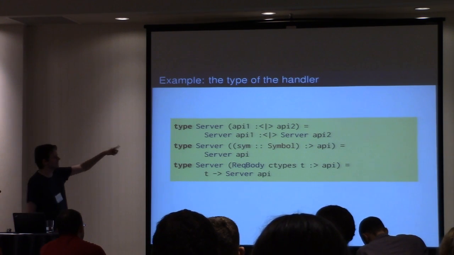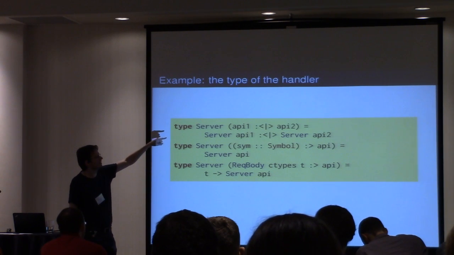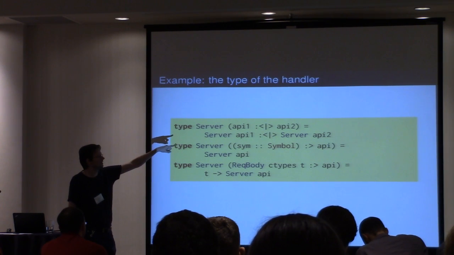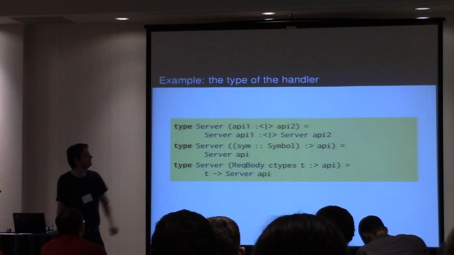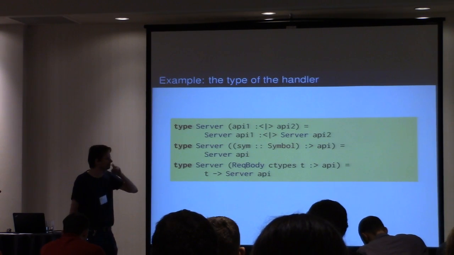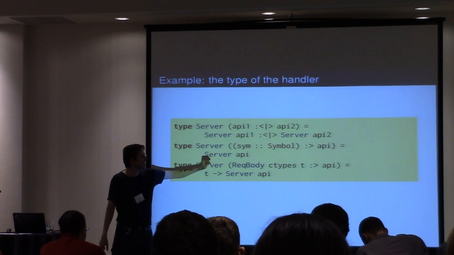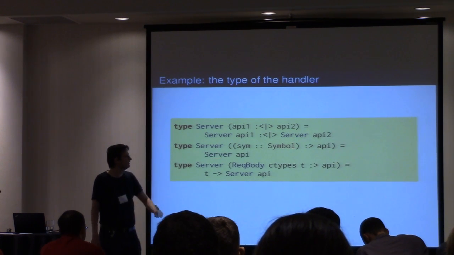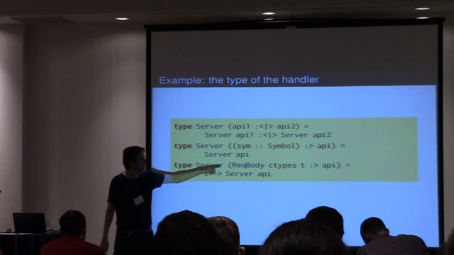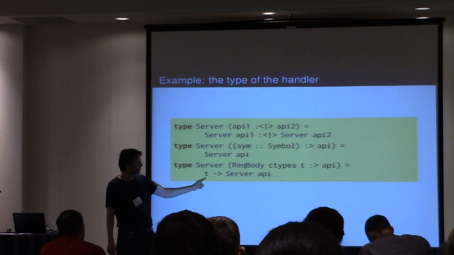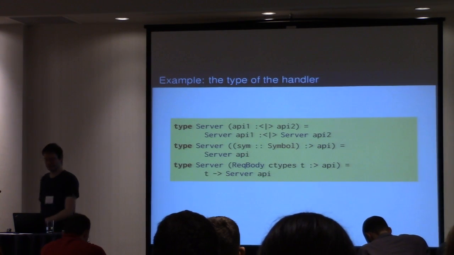So we can indeed see that the handler type for a pair of API components is a pair of handlers, and that if you have a path, it is just ignored, and that if you have an input parameter like a request body, it just turns into a function parameter of the handler.